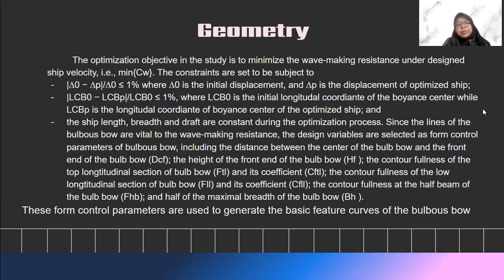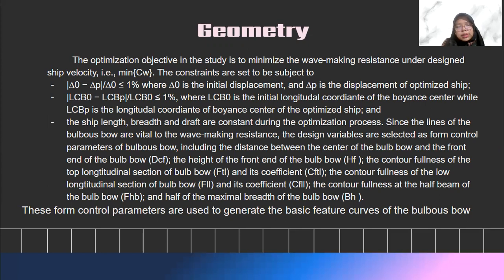The optimization objective in the study is to minimize the wave-making resistance under design ship velocity. The constraints are, first, the absolute value of delta zero minus delta P, divided by delta zero, is less than or equal to 1%, where delta zero is the initial displacement and delta P is the displacement of the optimized ship.